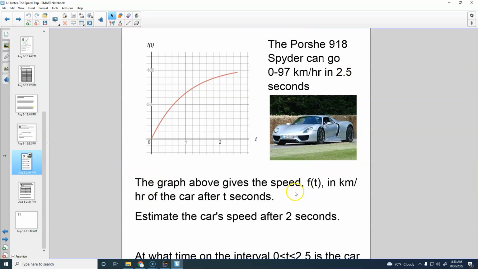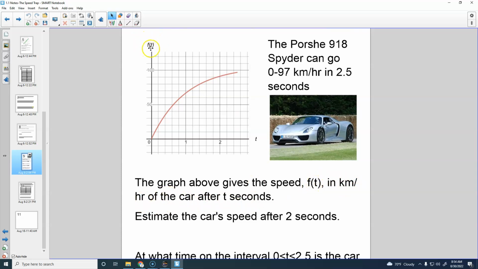So this graph gives the speed f of t in kilometers per hour of the car after t seconds. One thing I did on this graph that you'll see done on a lot of problems: notice that my axes are not labeled. And then it gives you this sentence right here. It says the graph above gives the speed f of t in kilometers per hour of the car after t seconds.